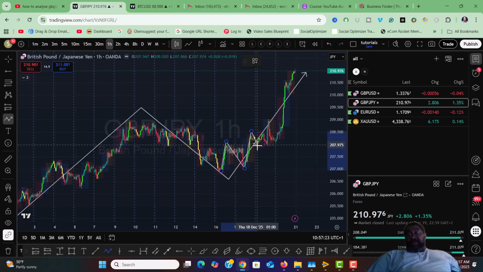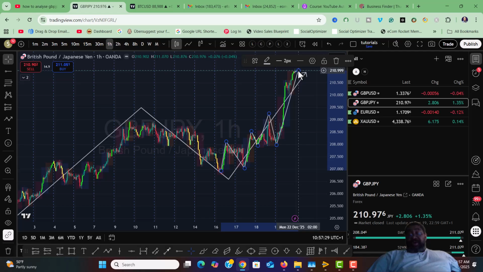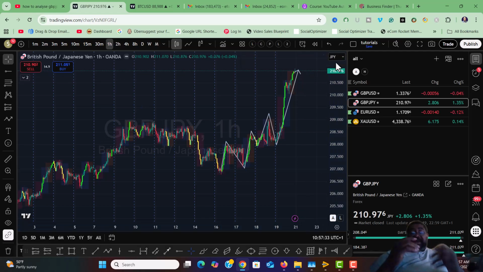We have higher low here, so we have higher high. We have higher low, so we have higher high. So as you can see, 1 hour is still aligning with 4 hours and daily, which enables us to know that this market is an uptrend.